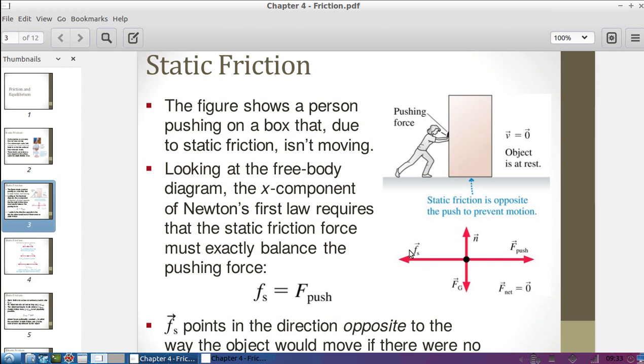This isn't a third law pair because they're not the same type of forces. Each one of these has its own applied force pair and static friction pair. But the static friction will oppose the applied force, and it will be equal in magnitude, as long as this object is at rest.